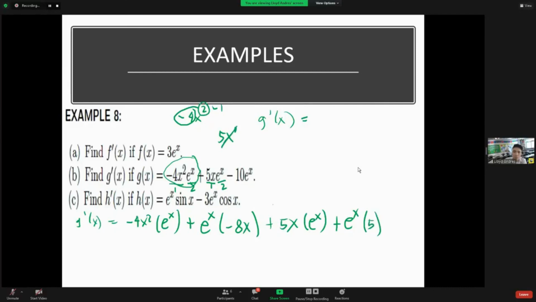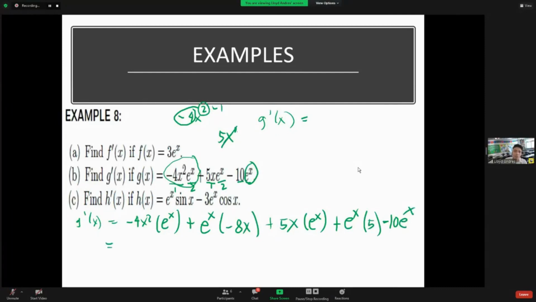And lastly, minus, this is actually a product between 10 and e raised to x. But 10 is a constant, so using the constant multiple rule, just copy 10 and differentiate e raised to x. And the derivative of e raised to x is just e raised to x.